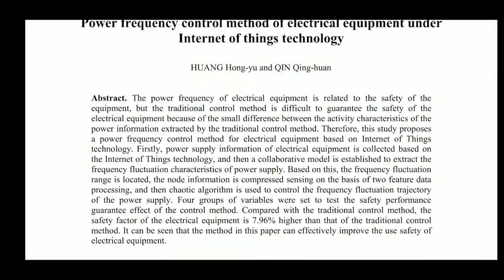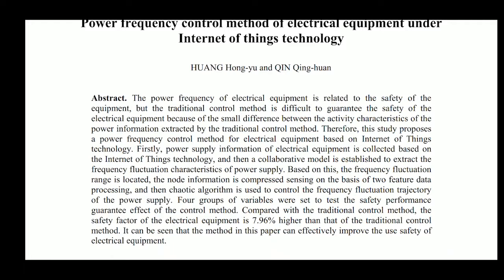The power frequency of electrical equipment is related to the safety of the equipment, but the traditional control method is difficult to guarantee the safety of the electrical equipment because of the small difference between the active characteristics of the power information extracted by the traditional control method.